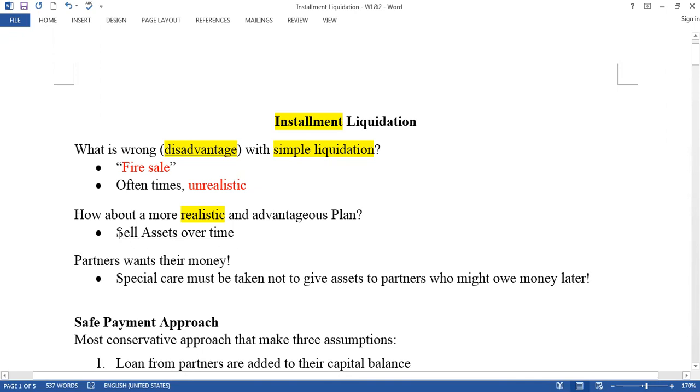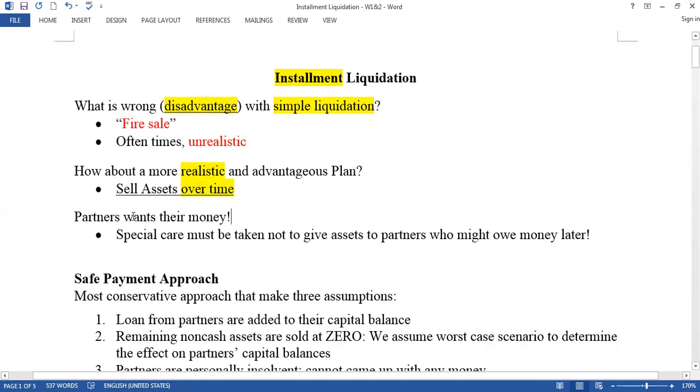According to the simple method, you have to sell all of your assets quickly, today for example. But according to the installment method, there is no need to sell assets very quickly. You can sell assets over time, and this is the more realistic method.